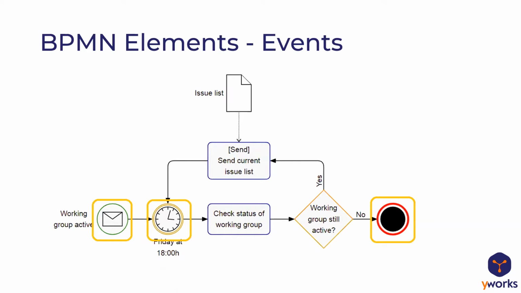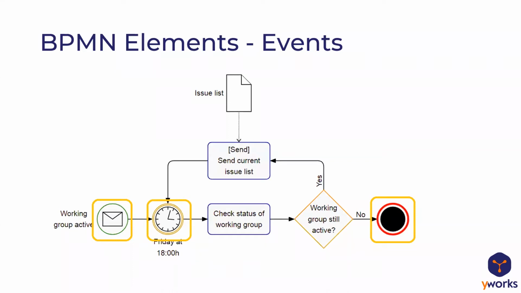And all kinds of events that occur in between during the process use such a double thin border, as you can see here. You can also have different kinds of events, like in this example, a message event for the start event or a timer event for an intermediate event.